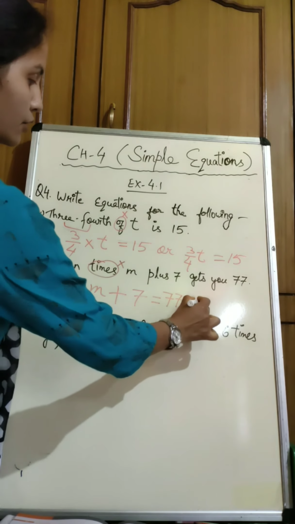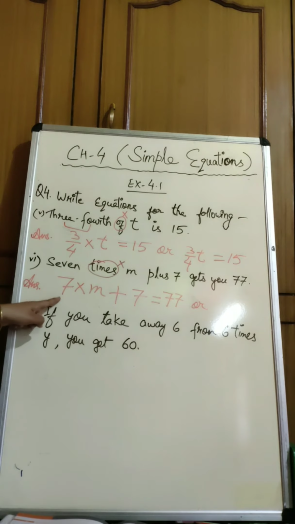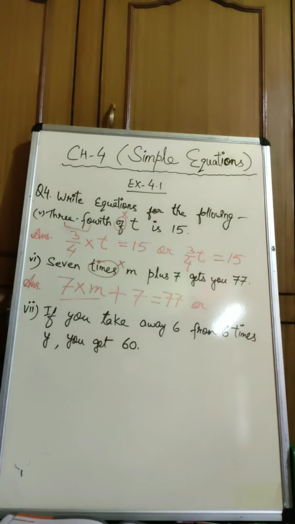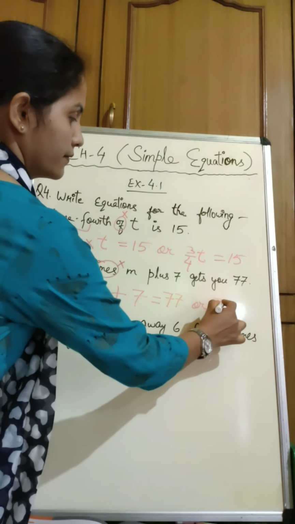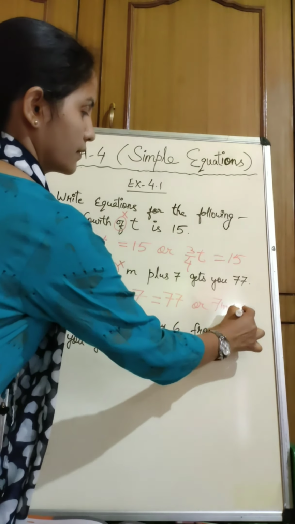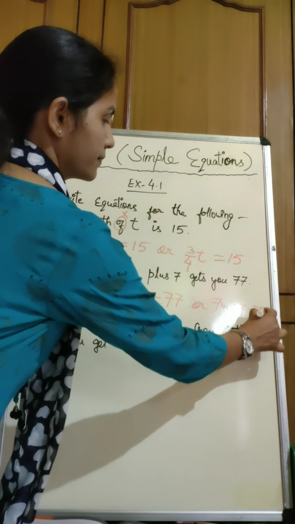Or you can write 7 into m as 7m, plus 7, equals 77.